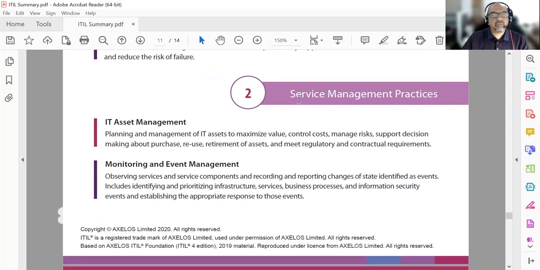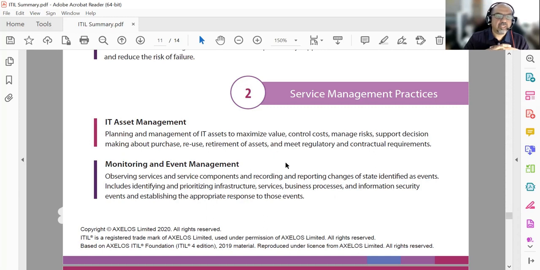Second category, service management practices. And again, we discuss just few practices, not everything. So we have IT asset management, and this is any component with a value, monetary value, any component with an invoice will be under the umbrella of asset management.